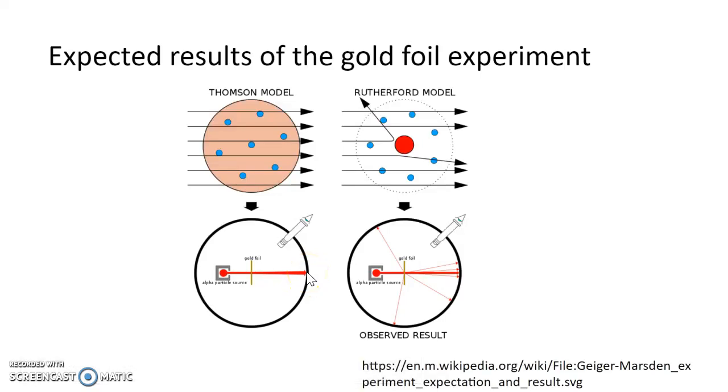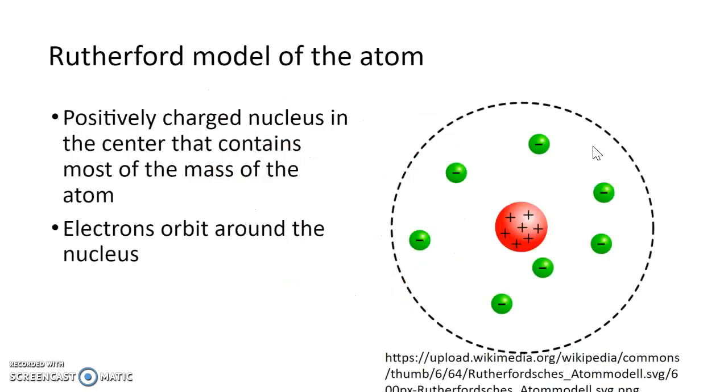But what he ended up seeing was that almost all of those particles hit the back of the fluorescent screen. There are some that slightly deflected, and then there are some that majorly deflected. So he has to come up with a new model of what the atom actually looks like.